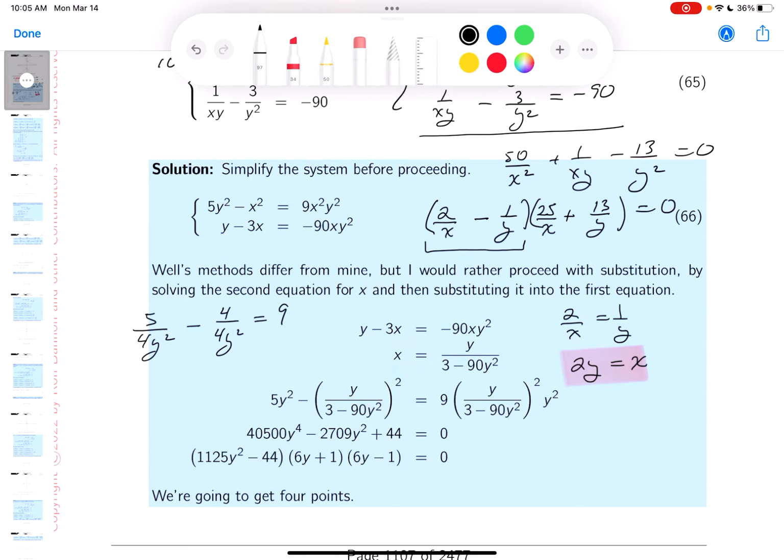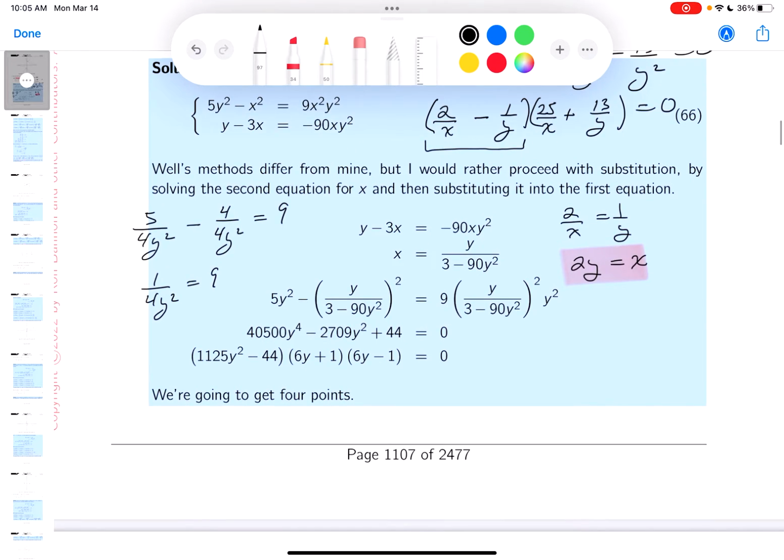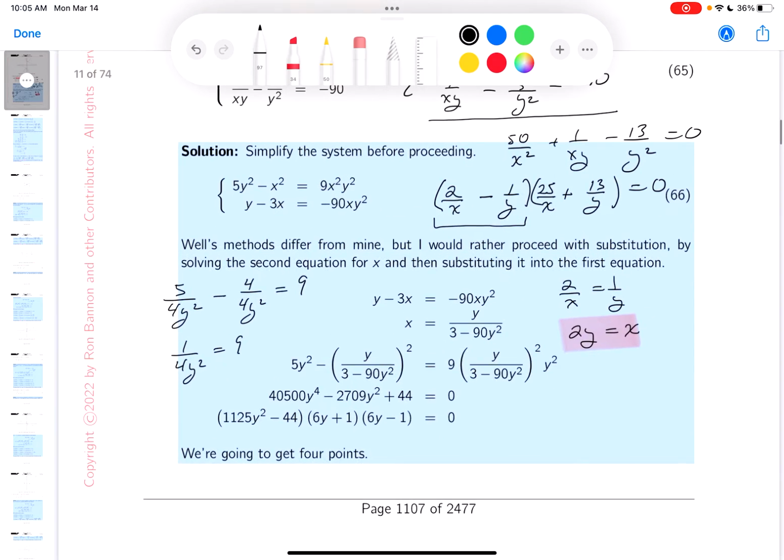You would get 1 over 4y squared is equal to 9. And this, whoops, sorry about that. This simplifies pretty nicely to y squared is equal to, I gotta be careful here, 1 over 36. So y in this case is going to be plus or minus 1/6. I'm going to write that down.